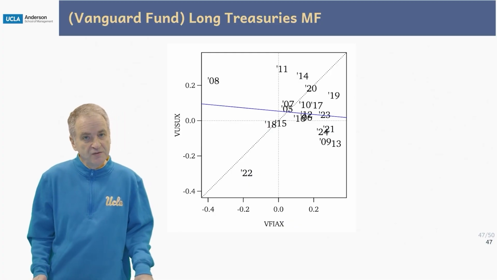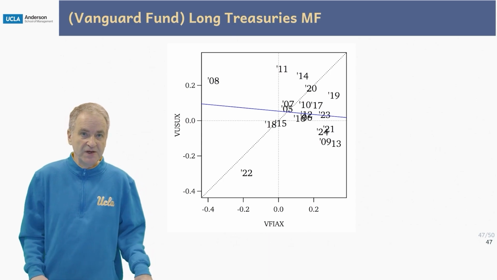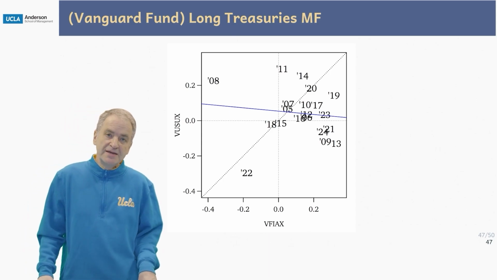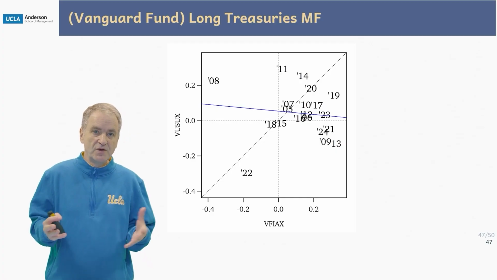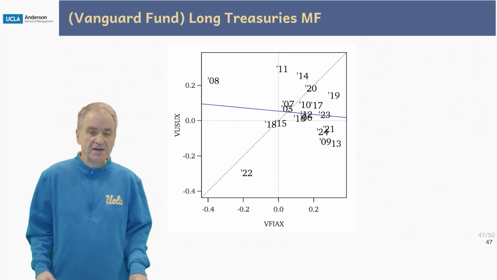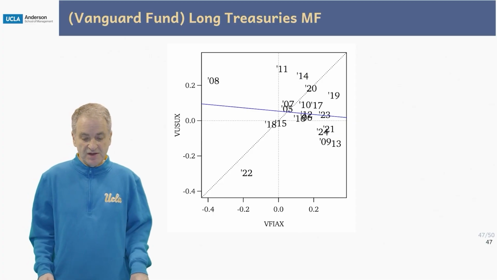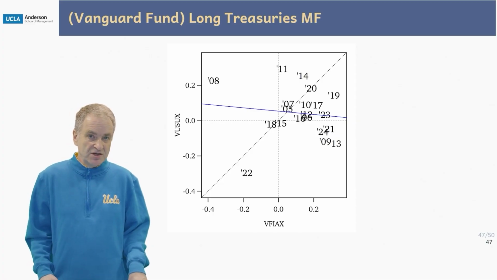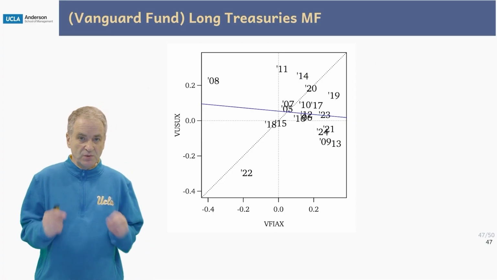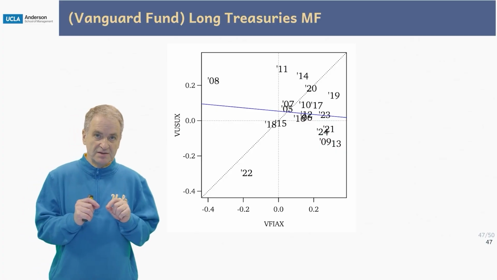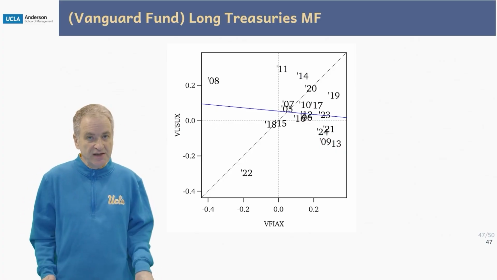Again, a lot of it is driven by 2008, the financial crisis, when the S&P 500 went down tremendously, lost 30-40% of its value. The treasuries actually went up. They gained more than 20%. During the financial crisis, a lot of investors wanted to pull their money from stocks into bonds, and especially government bonds.